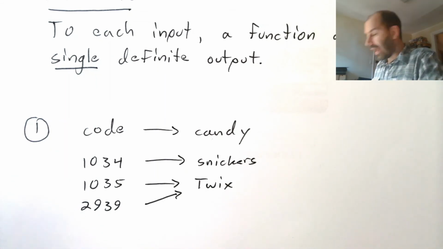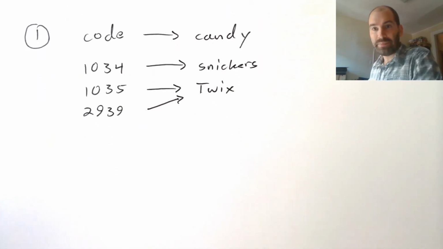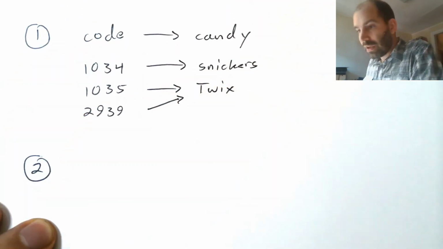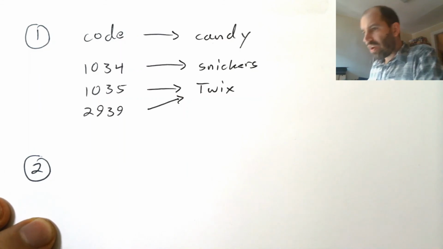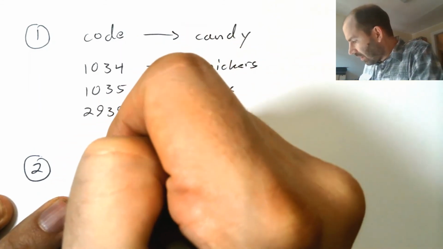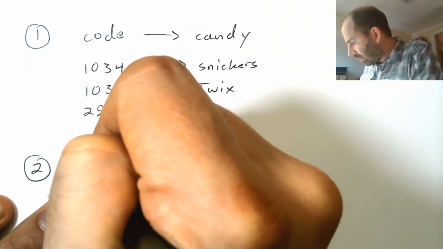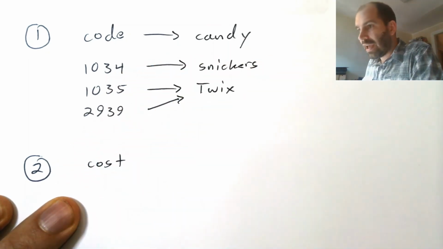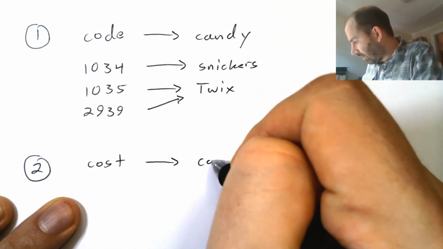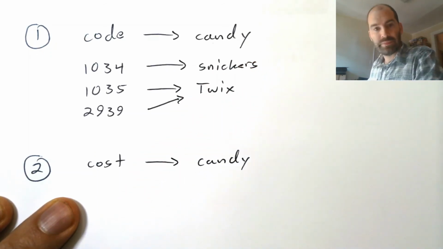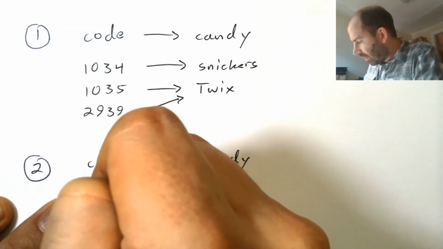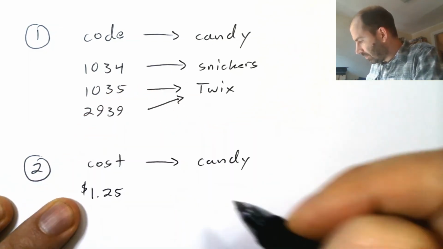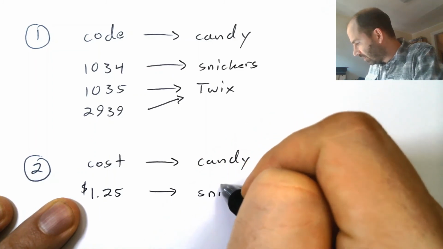Okay? And let's look at another example. What if I tried something like this? I want to take the cost, and I want to associate that with the candy. So maybe $1.25 is associated with a Snickers.